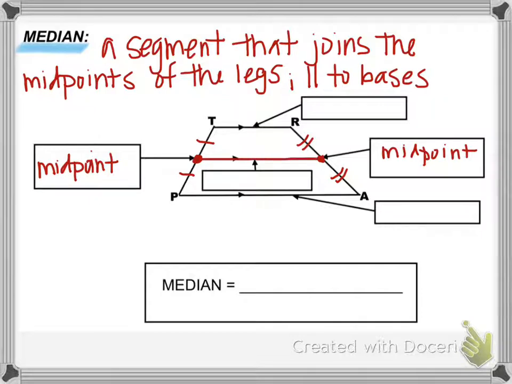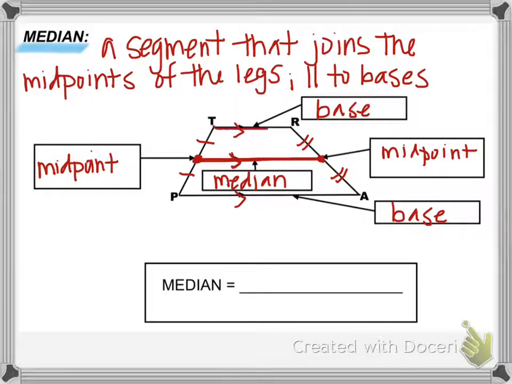Then the segment that connects them, this guy, is called my median. Okay? Remember, the top box and the bottom boxes represent our bases. So this is a base and this is a base. The median is equidistant from both bases, and it's also, don't forget, parallel to the two bases. So these three lines are all parallel.